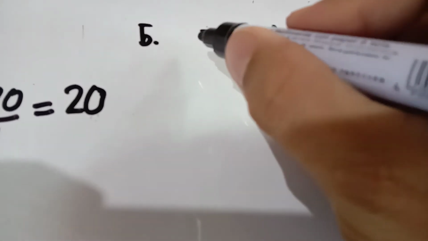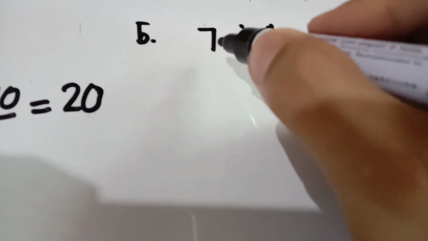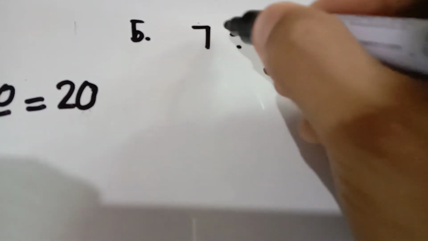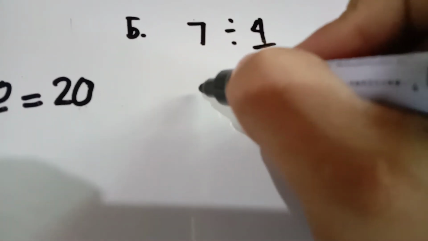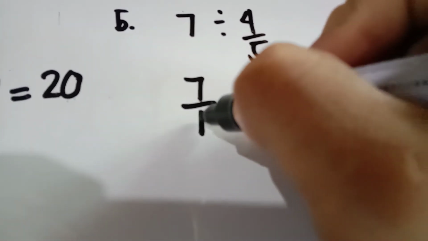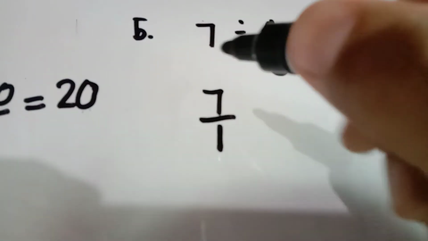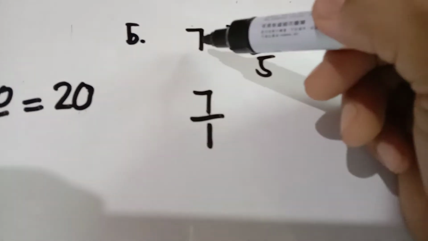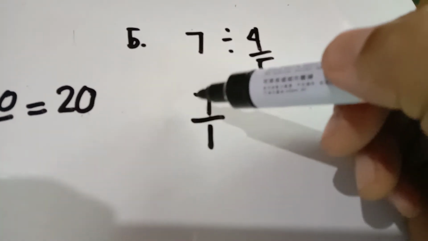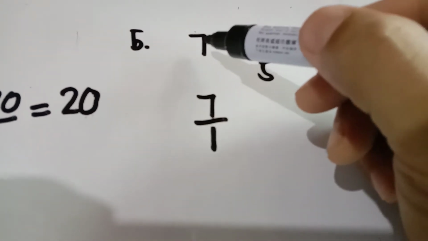So hindi po tayo, we cannot divide 7 by 4/5 directly. So gagawin muna nating fraction si 7, no? By writing 1 as the denominator of 7. Okay, so 7 divided by 1, that is equal to 7. No? So this is the fraction form of whole number 7.